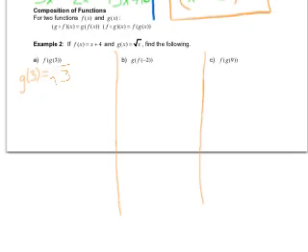Yes? So what we've done so far is we've evaluated this part. We haven't touched that outside f yet. So instead of writing g of 3, I know that g of 3 is equal to the square root of 3. So I still have to evaluate f of, and now I'm going to plug in square root of 3 instead of g of 3.